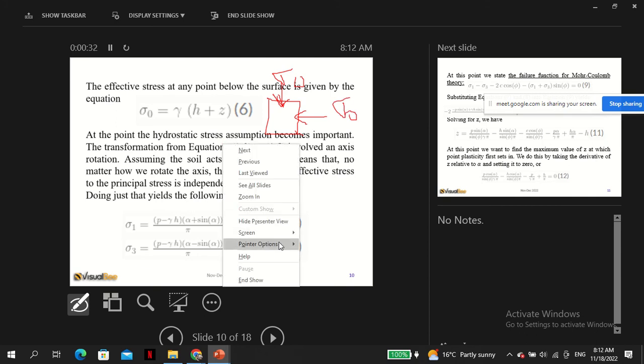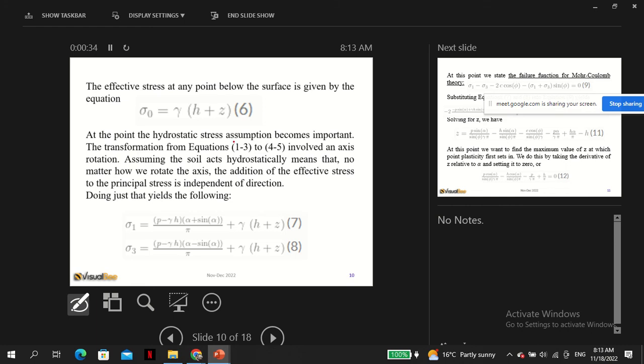That's the point. So it becomes important: the transformation from equation 1 to 3 and 4 to 5 involves an axis rotation. Assuming the soil acts hydrostatically means that no matter how we rotate the axis, the addition of effective stress to the principal stress is independent of the direction. Doing just that yields the following equation.